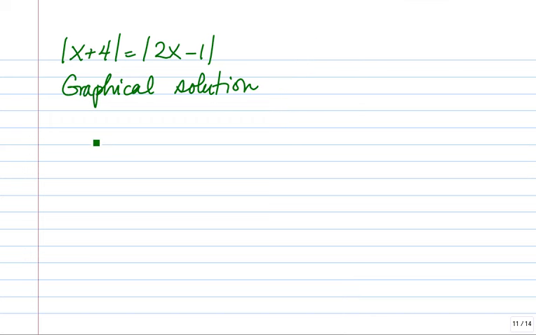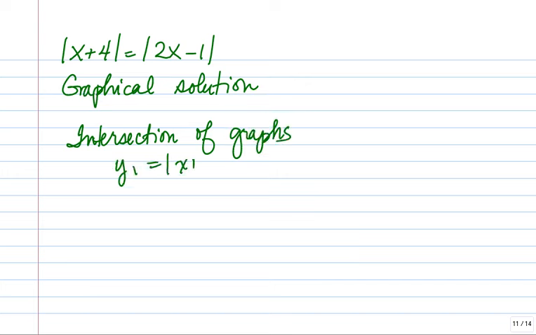so we'll just summarize this. We can do the intersection of graphs. In doing that, we will let y1 equal the absolute value of x plus 4 and y2 equal the absolute value of 2x minus 1. And the solutions are the x values where the graphs intersect.